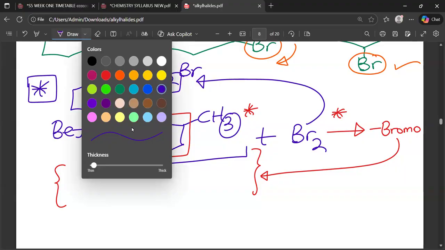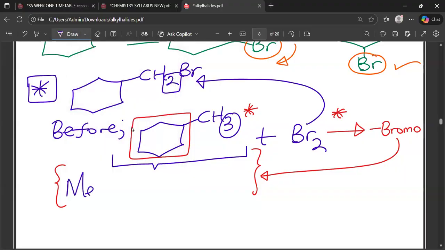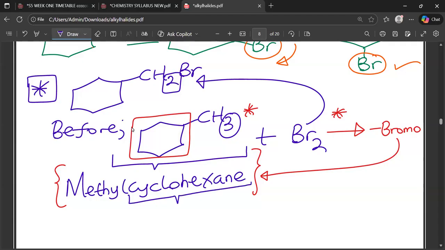You just have to say that it is methylcyclohexane. Everyone will understand that the methyl group is somewhere on cyclohexane.